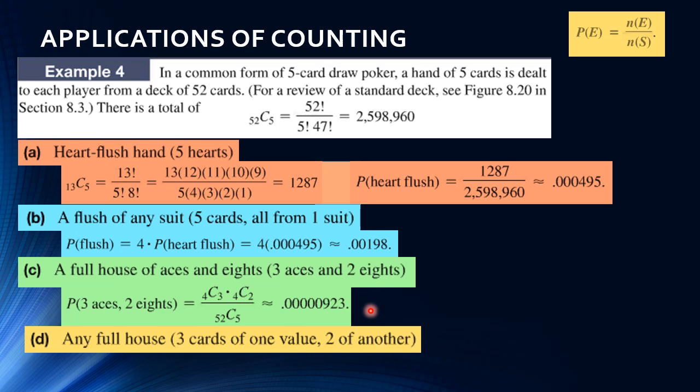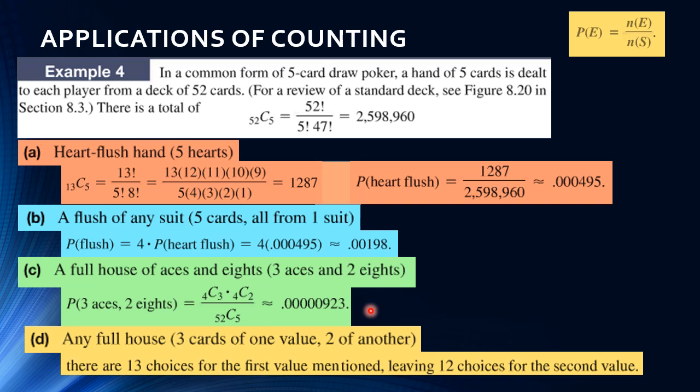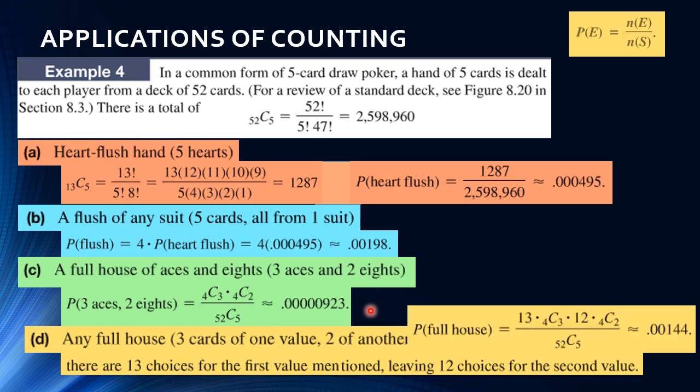But what if we want any full house? 3 cards of one value and 2 of another. Well, how many different numbers are there? There are 13 choices. So that leaves 12 choices for the second value. All right.